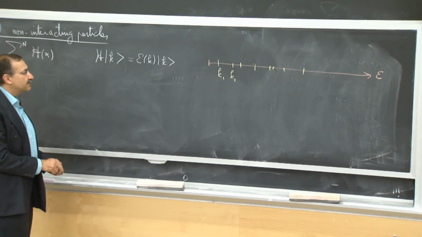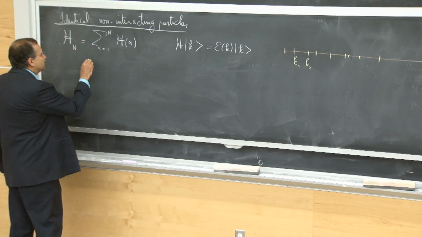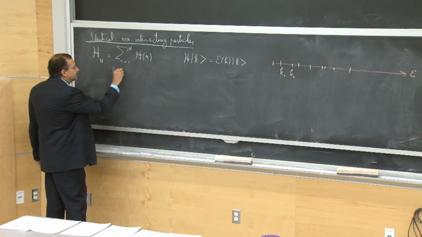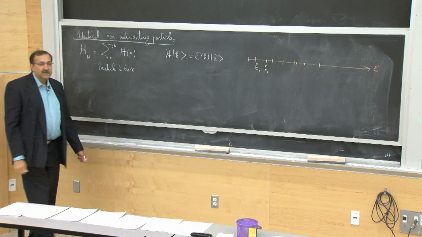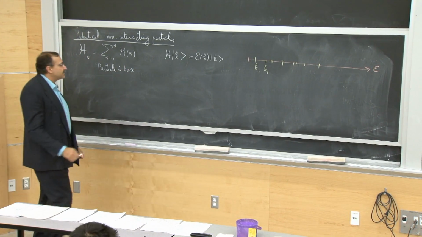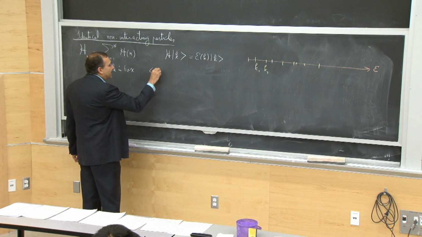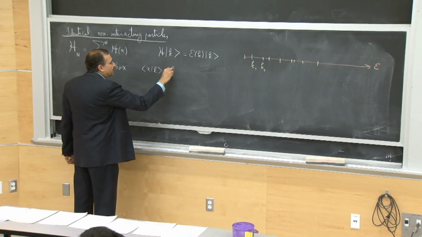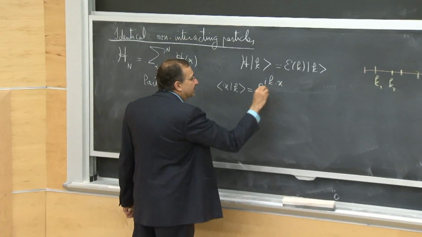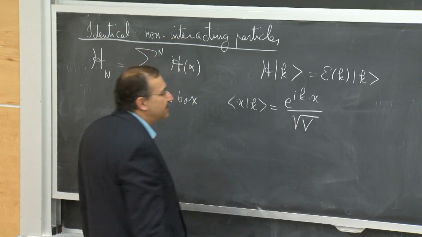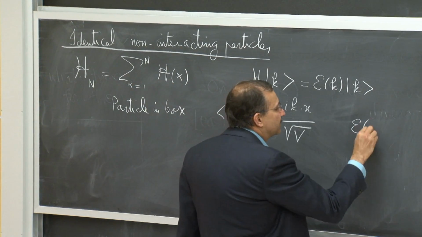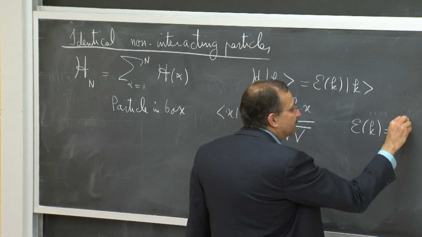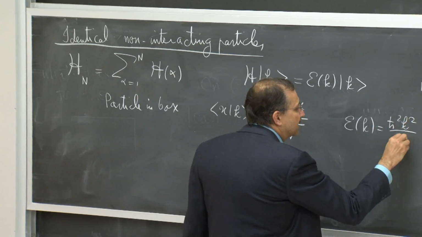So for the case of the particle in the box, the wave functions in coordinate space that we had, xk, were of the form e to the i k dot x divided by square root of V. The allowed energies were h bar squared k squared over 2m.